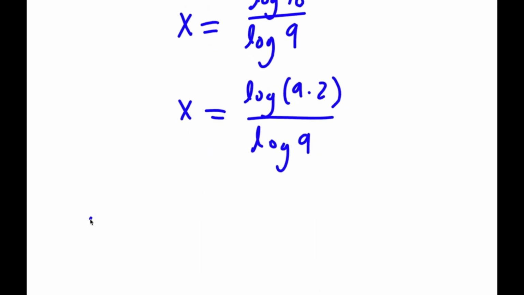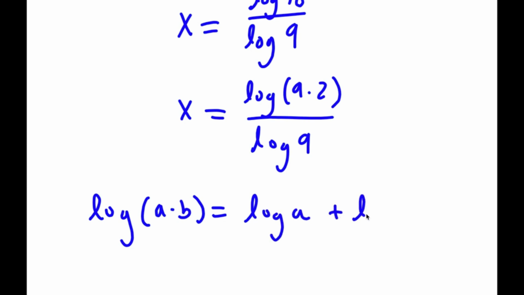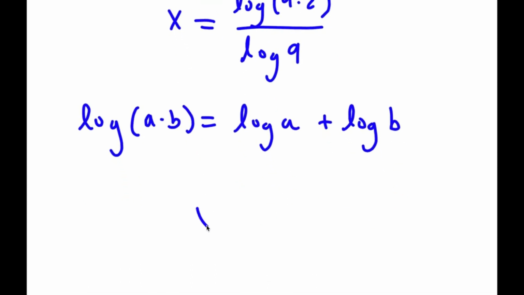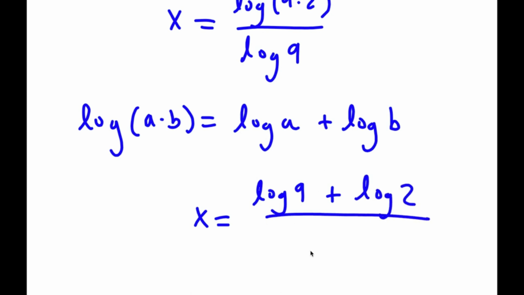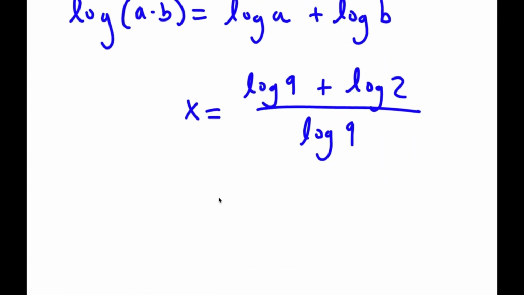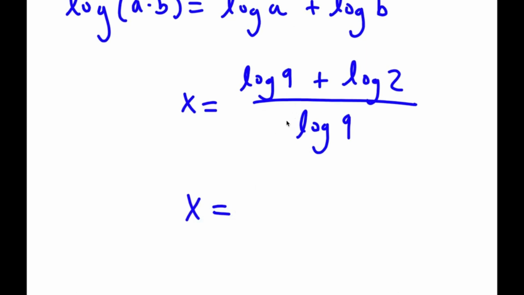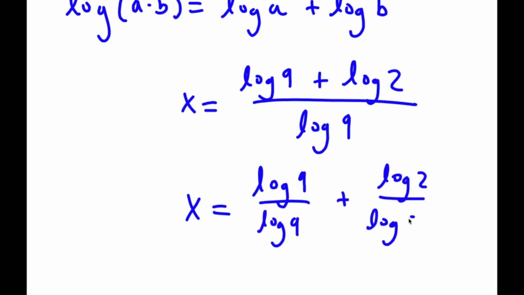And if I have something in the form log a times b, this is equal to log a plus log b. So log 9 times 2, that's going to equal log 9 plus log 2. Now I have this over log 9. Now this is the same thing as log 9 over log 9 plus log 2 over log 9.